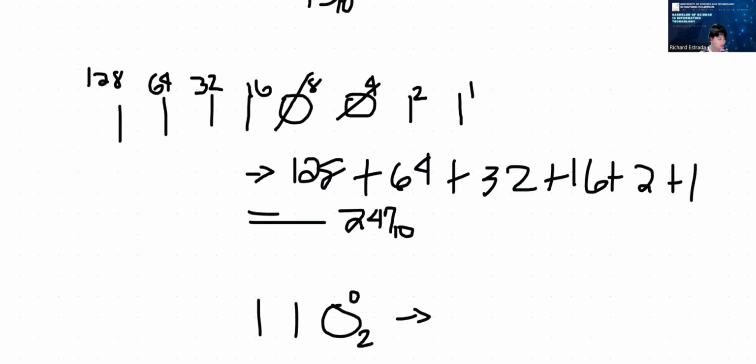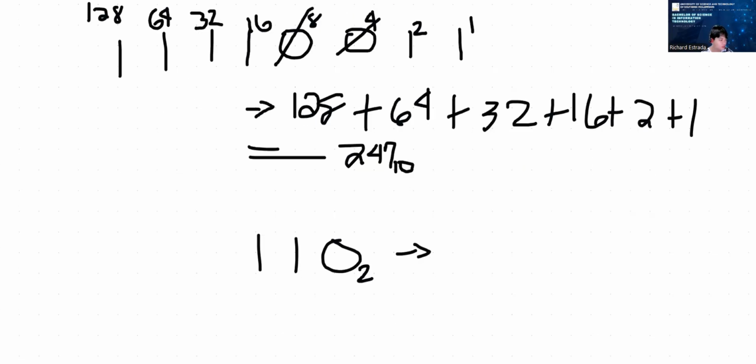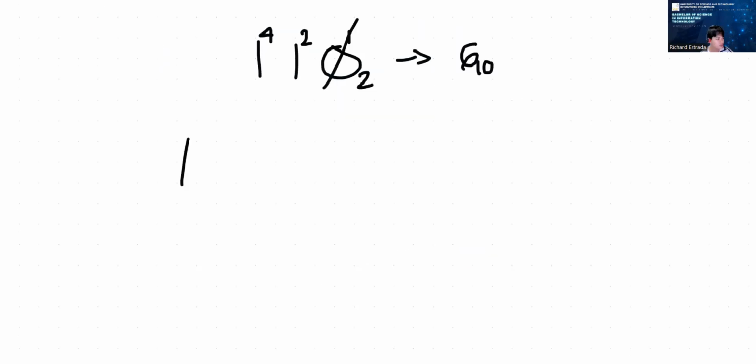We have 110. So 110 binary is equal to how much in decimal? You have 1, 2, 4. The 0 is not counted. 4 plus 2 is 6. So this is 6 decimal. So it's a shortcut. Another example, 100101.